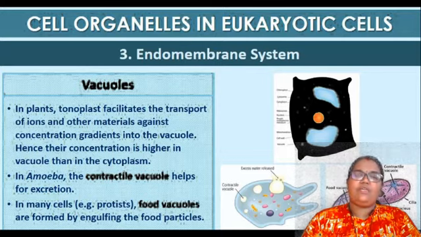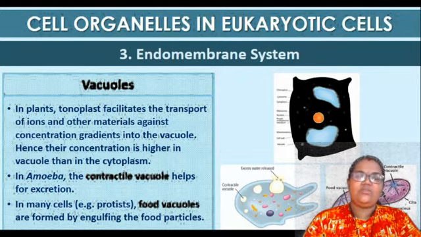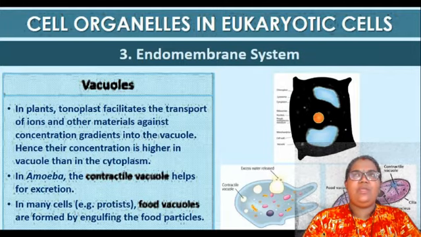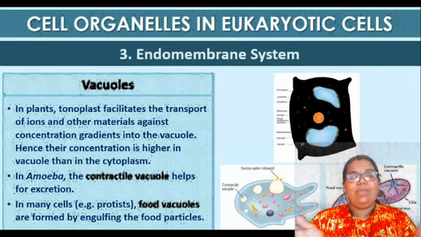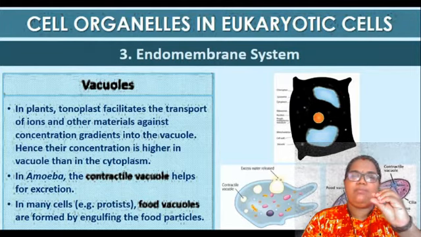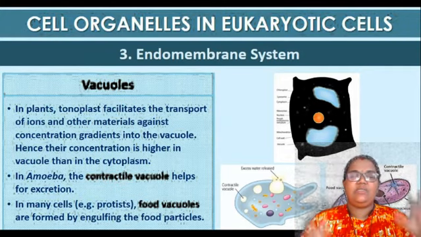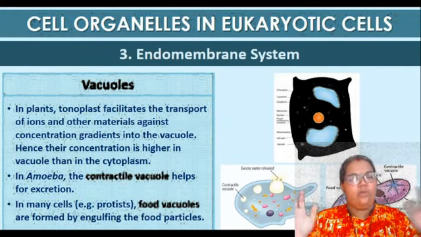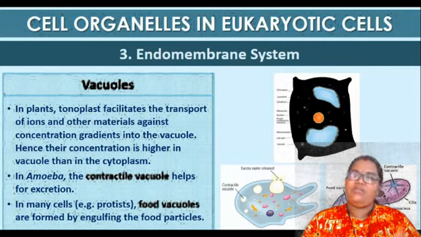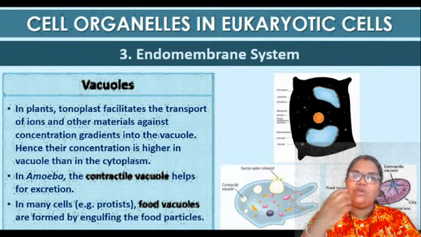The last part of the endomembrane system is the vacuoles. In animals, vacuoles may be present but they will be small in size and very few in number. But in plants, there is a large central vacuole. Most of the plant cell is the vacuole itself. There is a membrane around that vacuole, called the tonoplast.